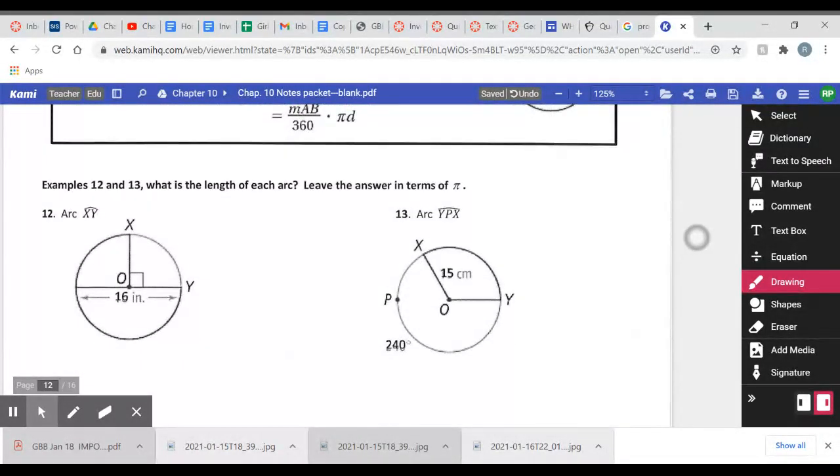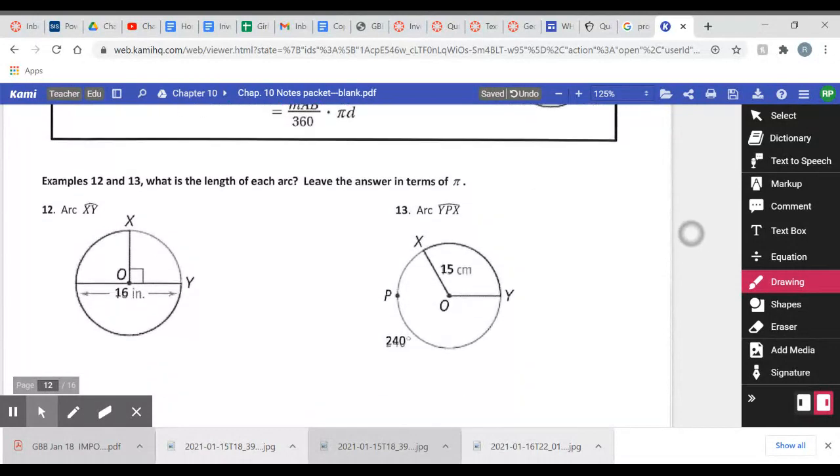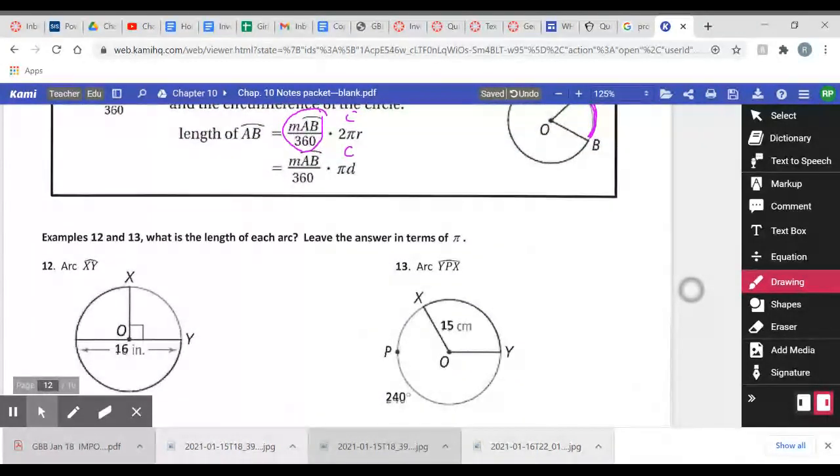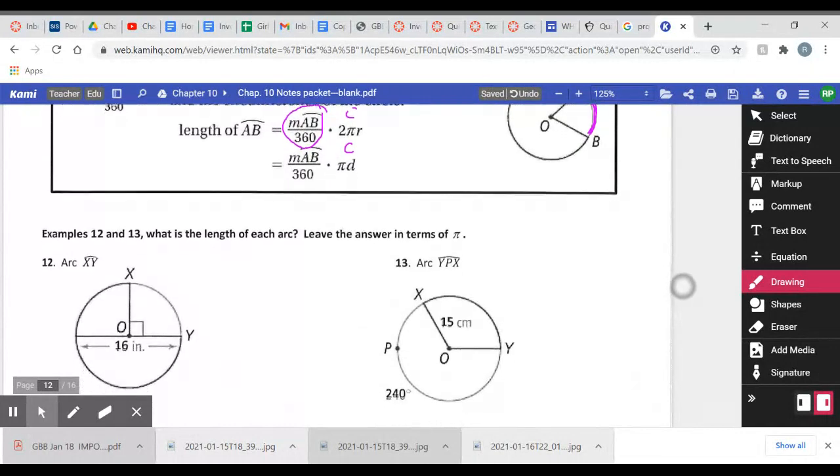So if we look down here to solve, let me keep our formula that we can see here. We can see what is the length of the arc, leave answer in terms of pi, and then what's arc XY. So it's referring to here to here.